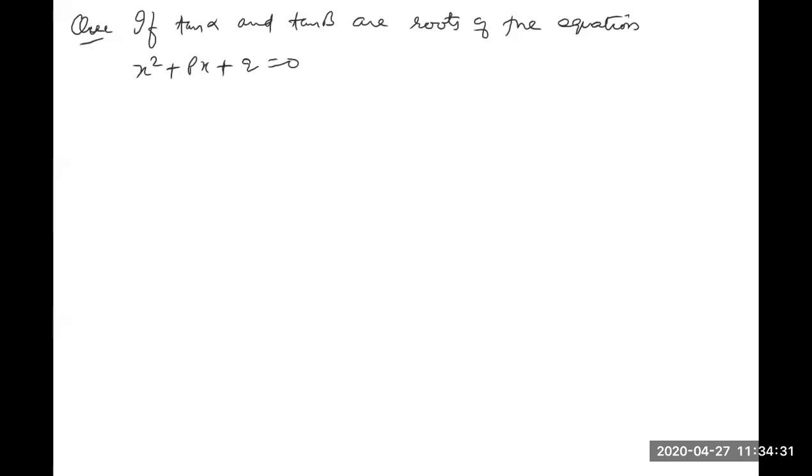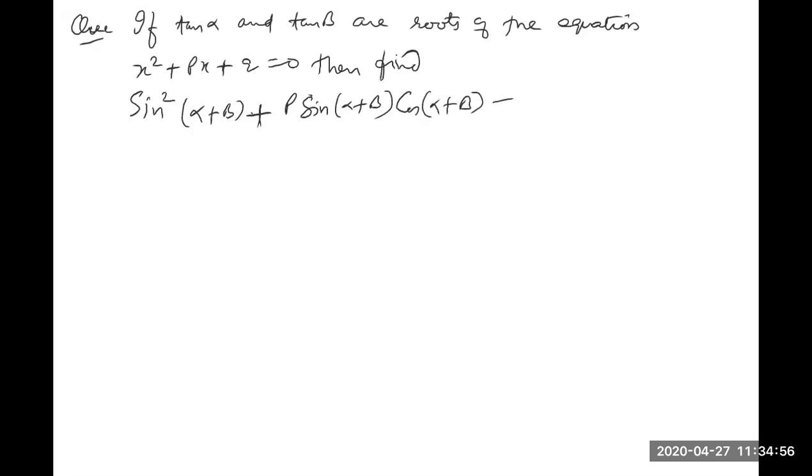If tan alpha and tan beta are roots of the equation x square plus px plus q is equal to 0, then find the value of sine square(alpha plus beta) plus p sine(alpha plus beta) cos(alpha plus beta) plus q cos square(alpha plus beta).